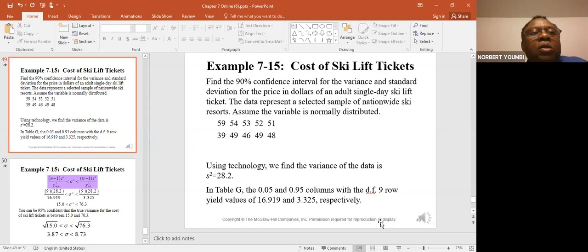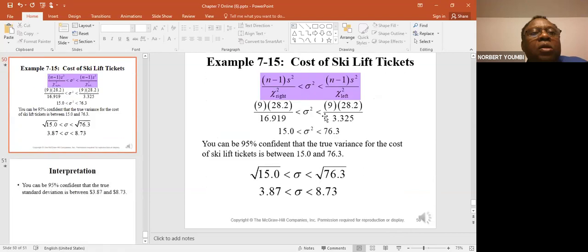Degrees of freedom of 9 for 0.95, we get 3.325 to the left. And to the right, we will get 16.919. Those are the numbers that we need to fit into the formula. In some of your quizzes or homework, you will be asked to find chi-square left and chi-square right as a standalone quotient.